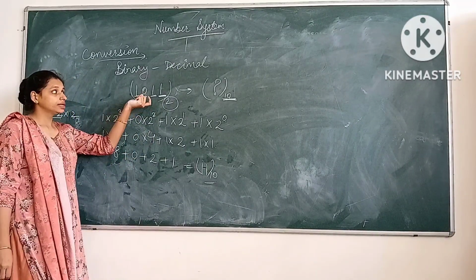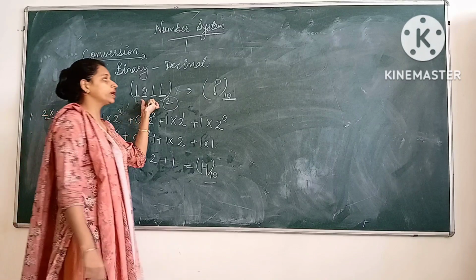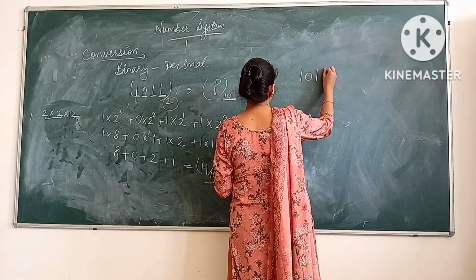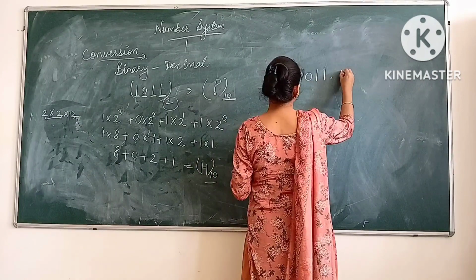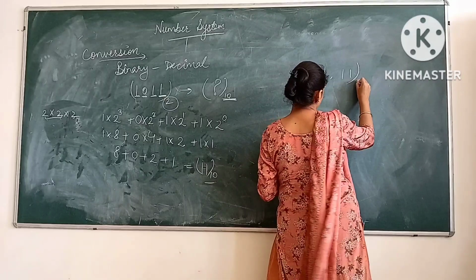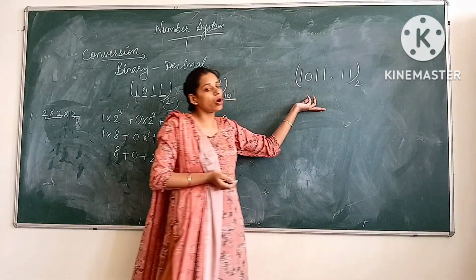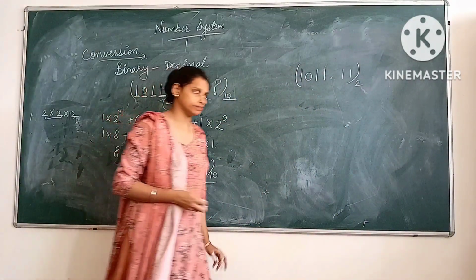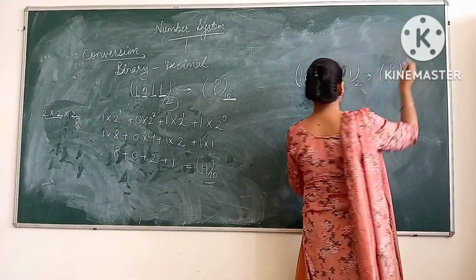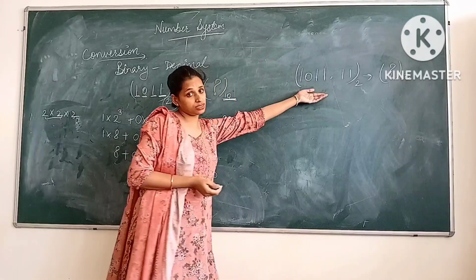Similarly, if we have a binary value with a decimal point, how can we convert it into decimal? Same procedure.